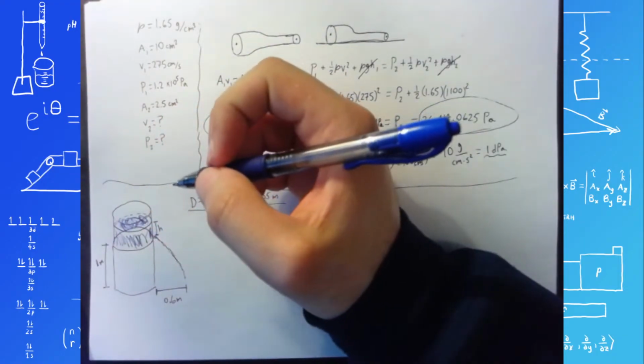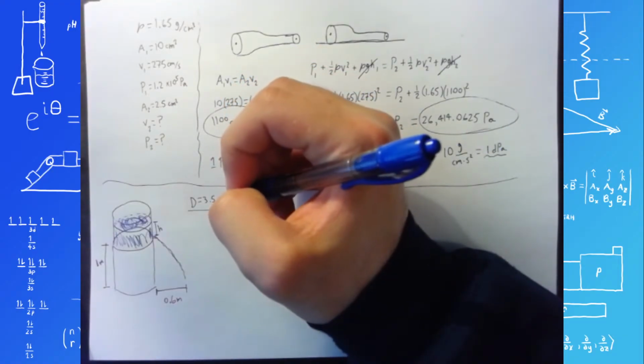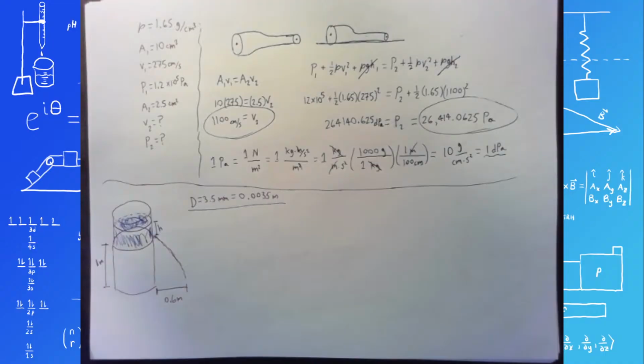Okay, well, first thing we need to do is, actually, why do they even give us the diameter to begin with? Do we actually need it? I wouldn't think we do. Yeah, why on earth are they giving the diameter for this?